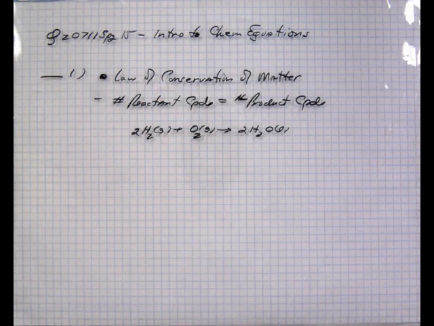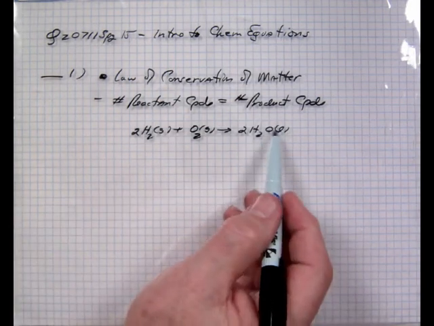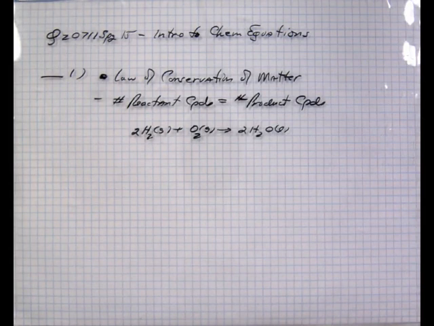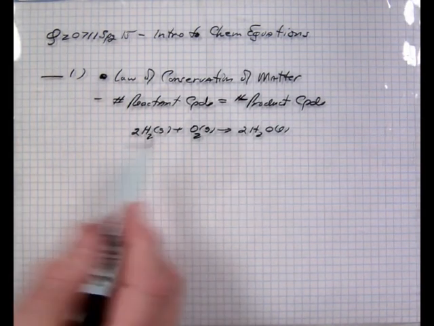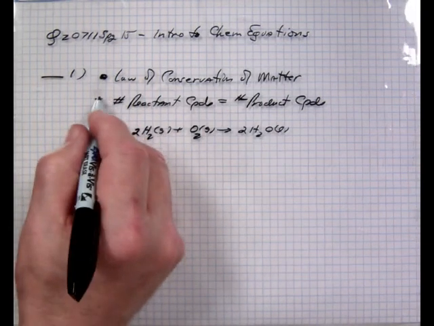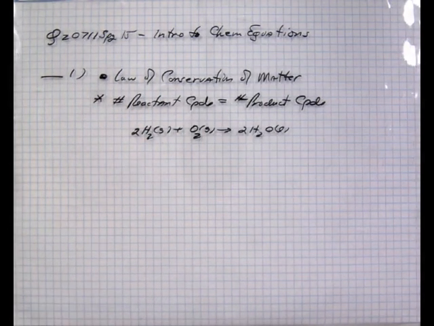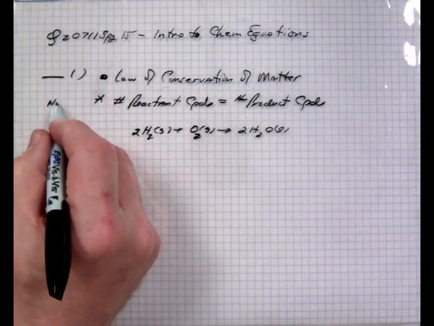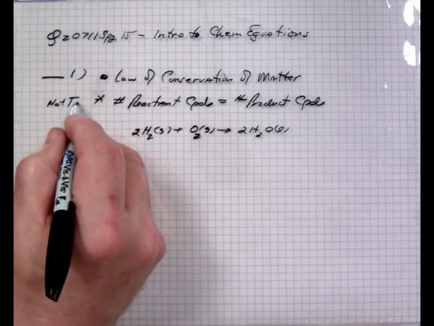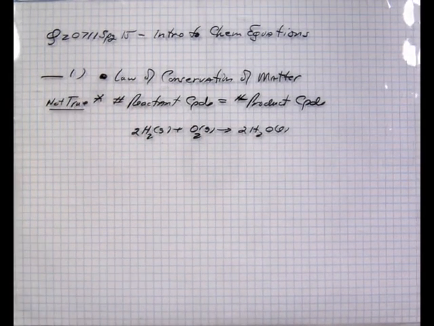So that would condense the number of particles down to one, and that would be a compound like that. So this is not true. So you want to be aware of that. Okay?